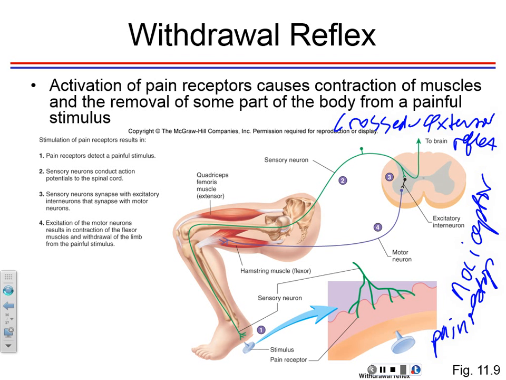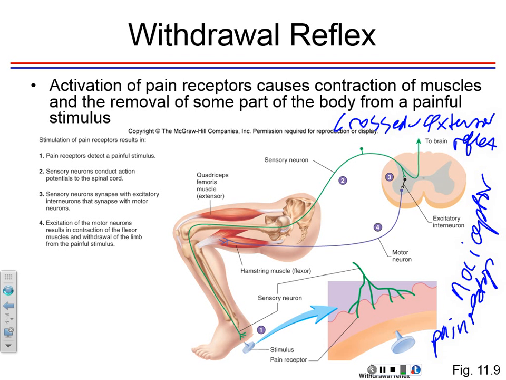But for these purposes, all we're talking about is the withdrawal reflex, which is fine. That's what I'll ask you about in the exam. But I just wanted you to know that in most cases, this withdrawal reflex is accompanied by an opposite reflex on the opposite side of the body, like a stretch reflex on one leg while the other one withdraws, so that all my body weight is now on my one leg.